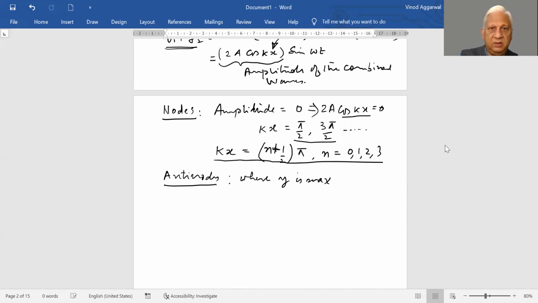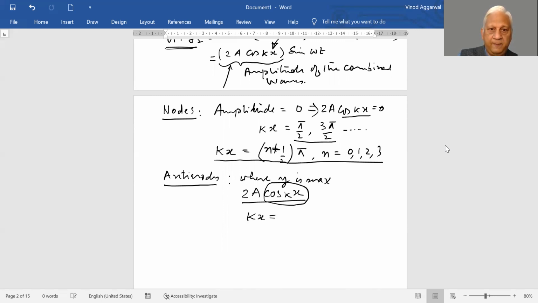Again, if we see our equation, when will this function be maximum? When this value is 1. And when is this value 1?